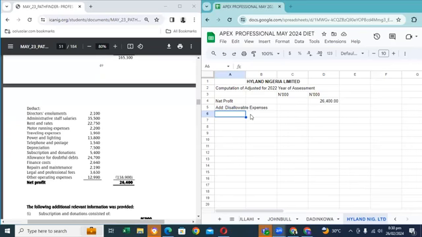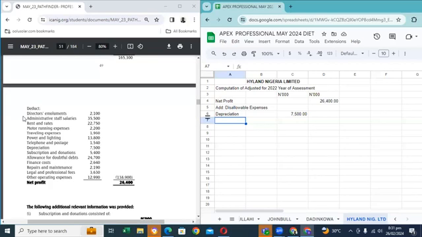Okay, good. So we have add the disallowed expenses. So the first disallowed expense we want to pick is what? Depreciation. They are regular customer. Yes, 7.5. Then what are the other items that you can easily spot here and disallow?